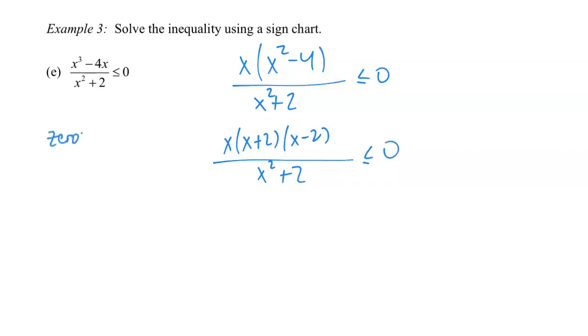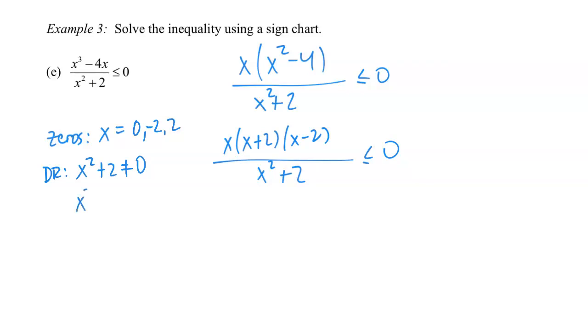Now, my zeros come from the numerator, so if I set the numerator equal to 0, I'm going to get 3 zeros: 0, -2, and +2. And domain restrictions come from the denominator not equaling 0.